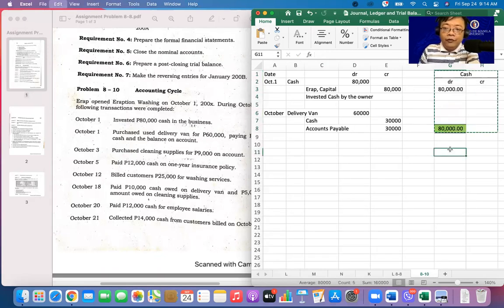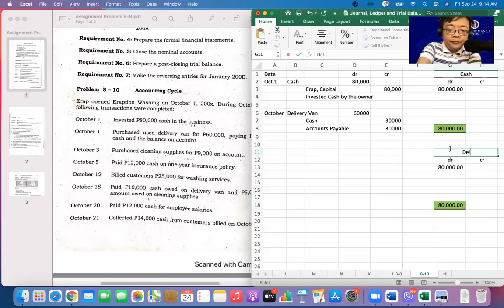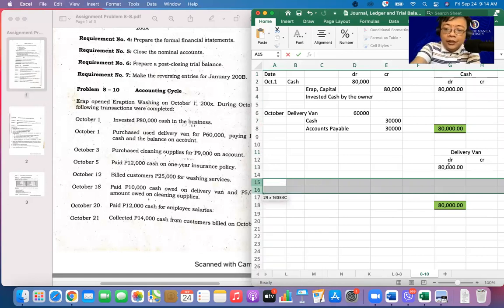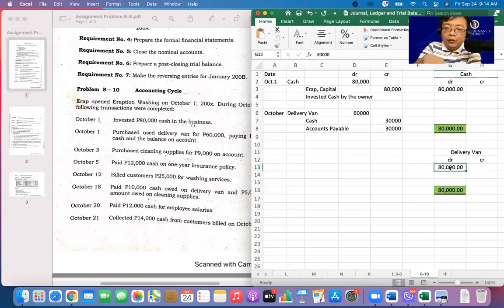So we have here delivery van worth 60,000. The balance here is 60,000, automatic, because it is already formula-based. And also we have here 30,000, so automatically you now have 30,000 as your balance.